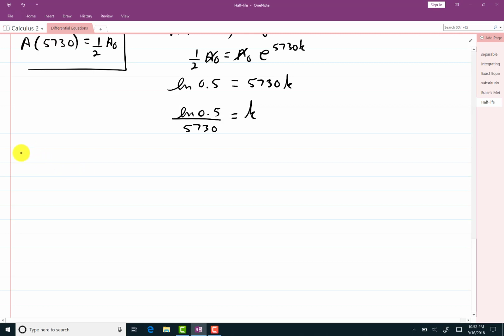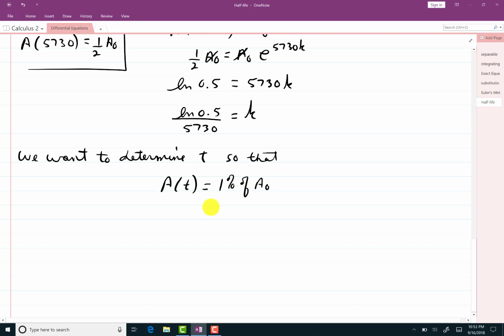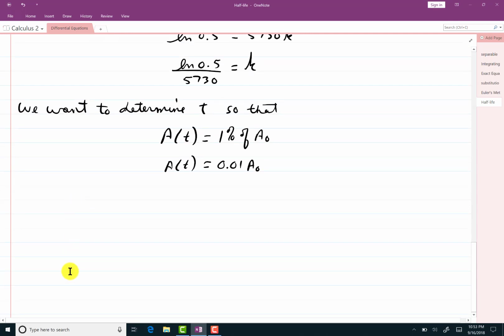So really, we want to determine t so that A of t equals 1% of A sub 0, or that is 0.01 of A sub 0. I'm going to use that in the problem, but I'm going to refer to it as K because it'll get too cumbersome to do anything else while you're working the problem.